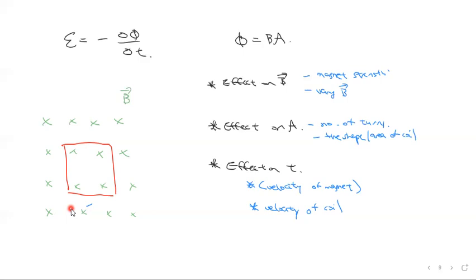And if it's from an electromagnet, maybe I could do that by increasing or decreasing the current that creates the magnetic field. So you can see that there are many different ways that you could influence the magnetic field or the area or the time, all of which will affect the rate of change of flux, and therefore all of which can influence the induced EMF.